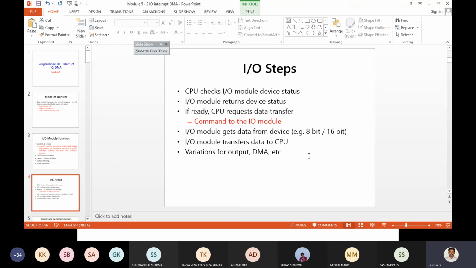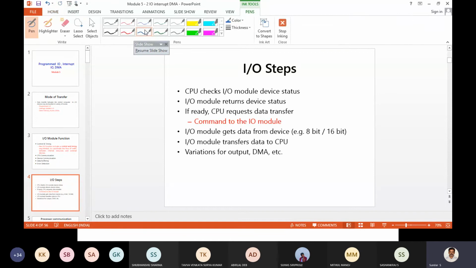This point is clear. So this is device 1, which can understand 8 bits, but the CPU can understand only 16 bits, a 16-bit processor. This IO interface, right?